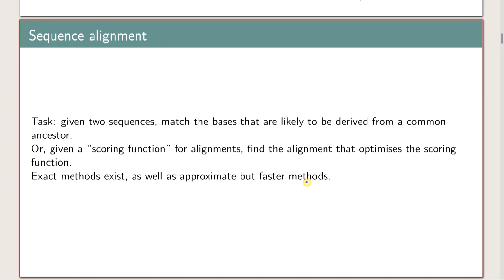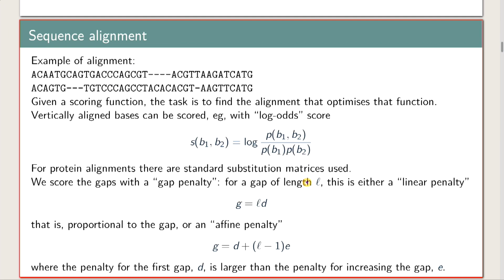So the sequence alignment task is, given two sequences, match the bases that are likely to be derived from a common ancestor. So for example, these might be two sequences you have. Somebody gave you two sequences like this, but they asked you to align them and your answer is this. So what this means is that everything that's vertically aligned, you believe is conserved from some common ancestor.